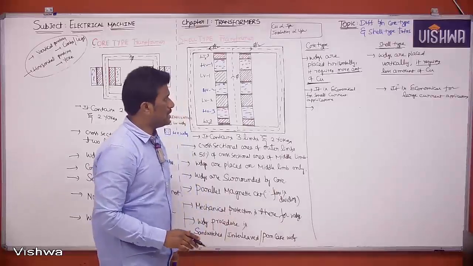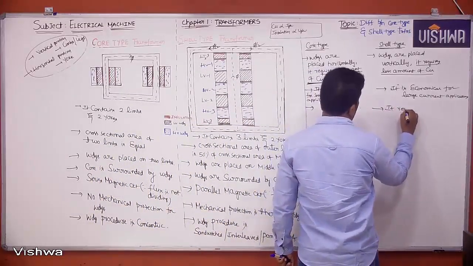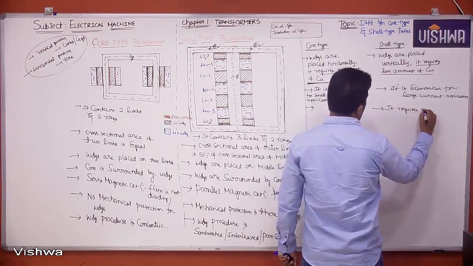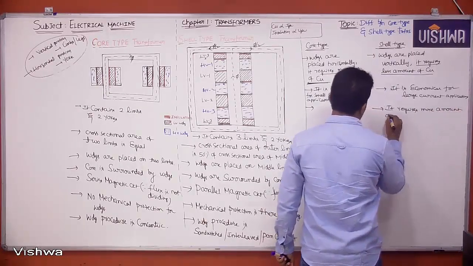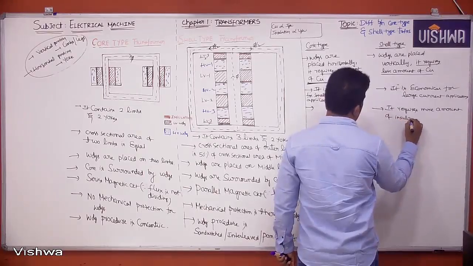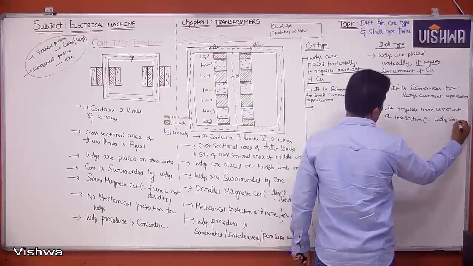So obviously, you can say that a shell type transformer requires more amount of insulation. Reason: since winding sections are more.